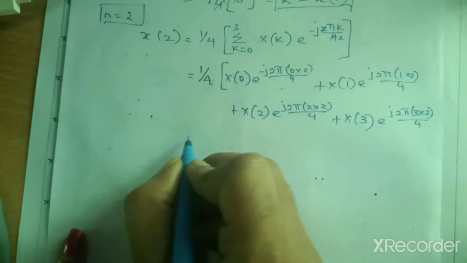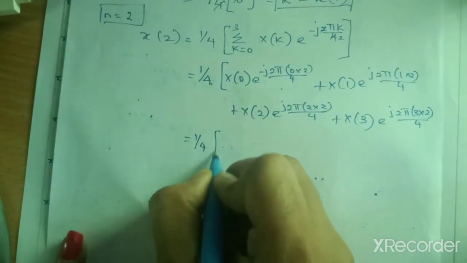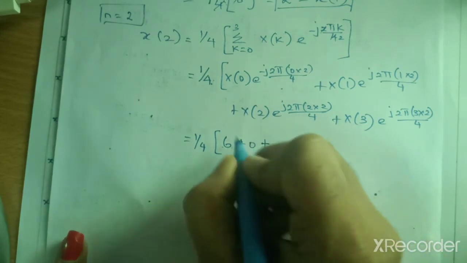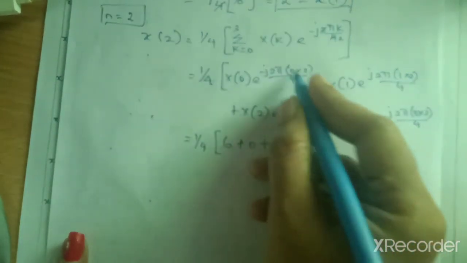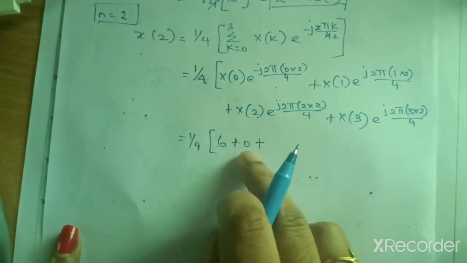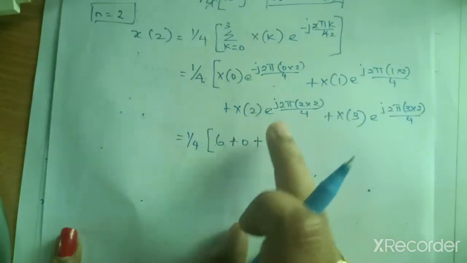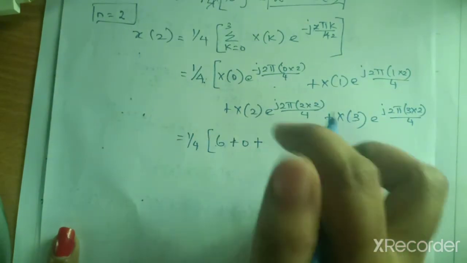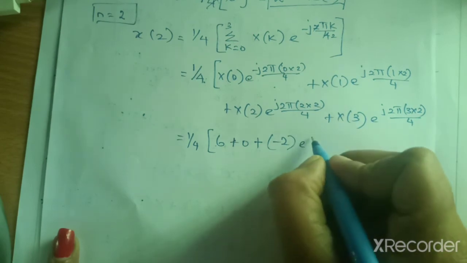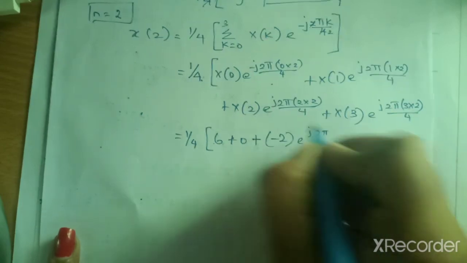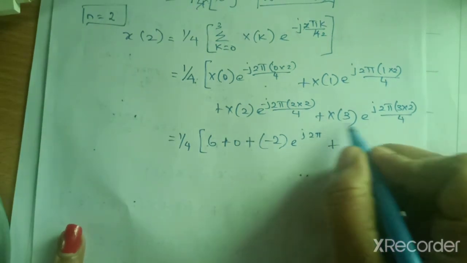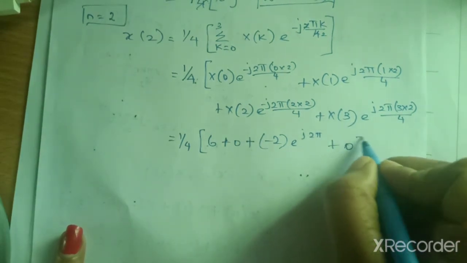Next you have to solve this. 1 by 4 into the value of x of 0 will be 6, e power 0 will be 1. Next we have x of 1 value will be 0. So the whole term becomes 0, plus the x of 2 value will be minus 2 e power j 2 pi, plus x of 3 will be 0.